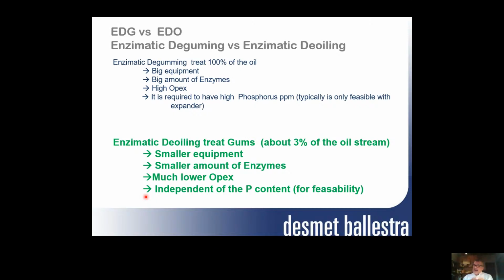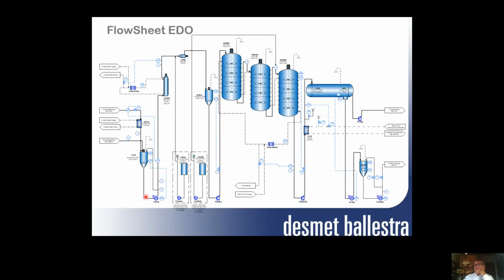What you have after the water degumming. So if we look at the flow sheet of the enzymatic deoiling, it's quite simple. It's a bunch of equipment, vessels, but very simple equipment. The matter there is not in the equipment, but especially in the process.